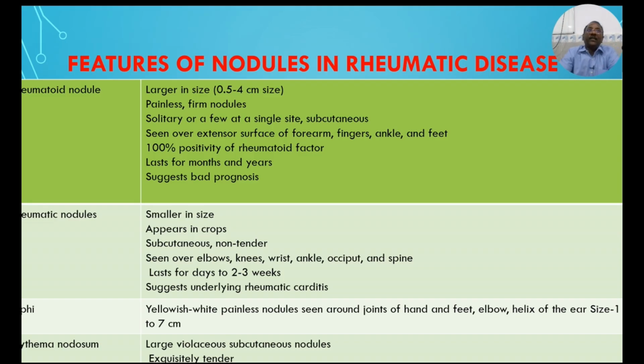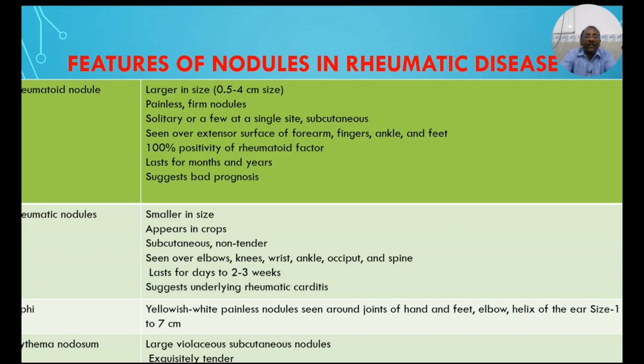If the patient can afford it, once seeing the nodules itself, you can suggest biologicals like infliximab, rituximab or adalimumab. Otherwise the control is not good and it leads to bad prognosis, meaning it moves on to systemic disease, so the lungs will be involved, interstitial lung disease, etc.